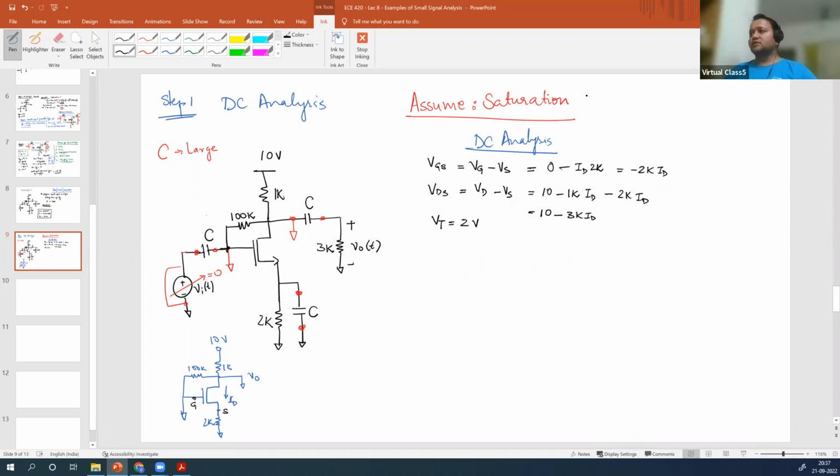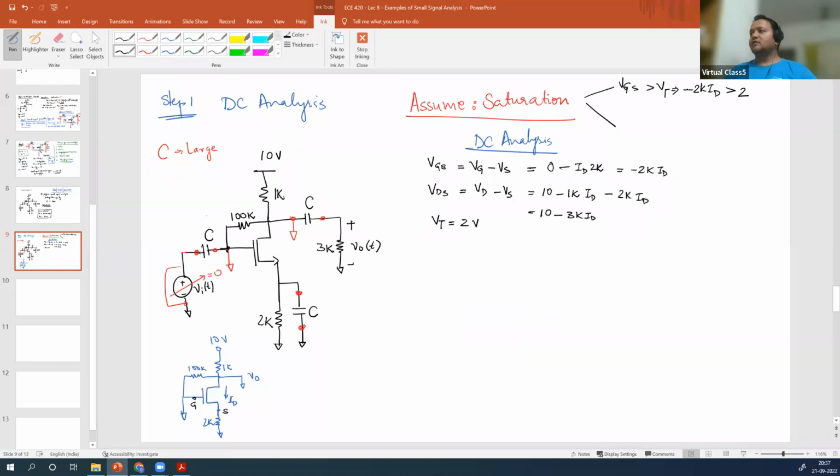Now, saturation. Conditions for saturation. Let's begin step by step. VGS greater than VT. In this case, VGS is minus 2K ID, which is greater than 2 volt. So this is one inequality.